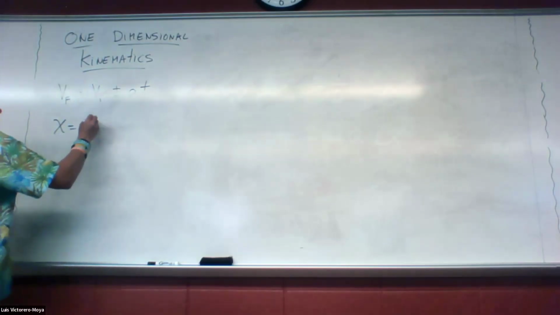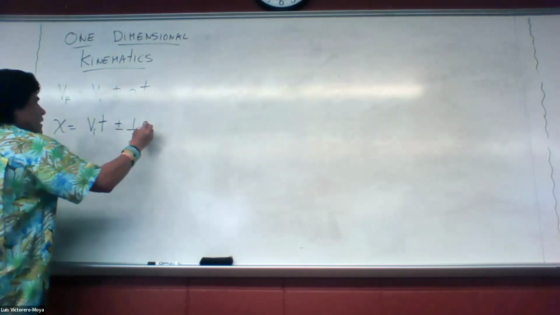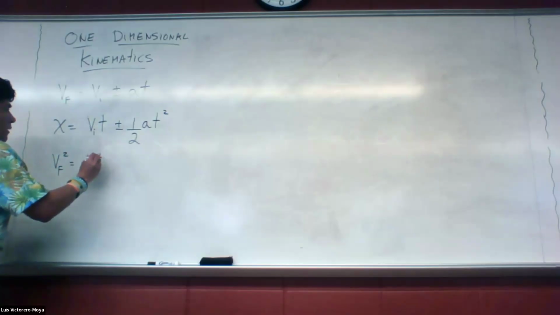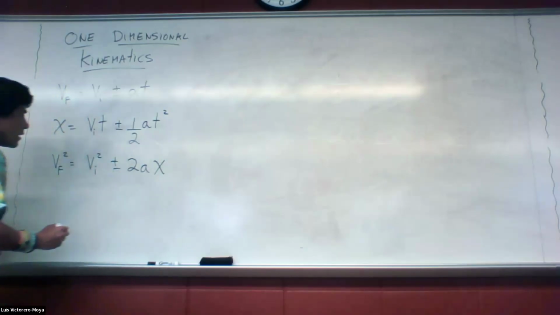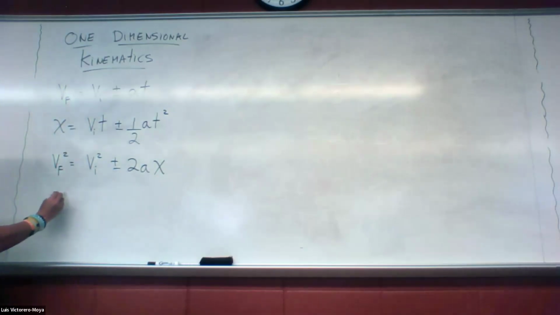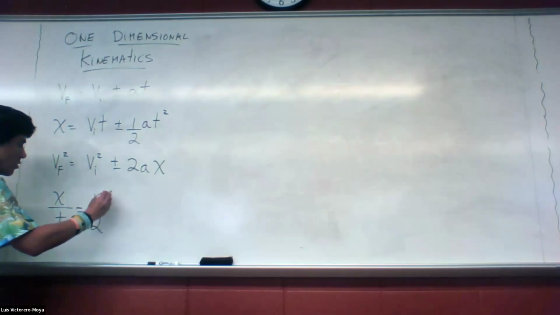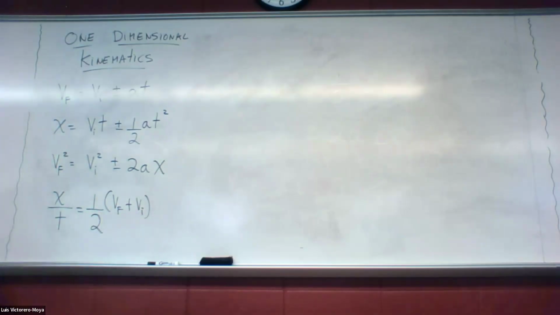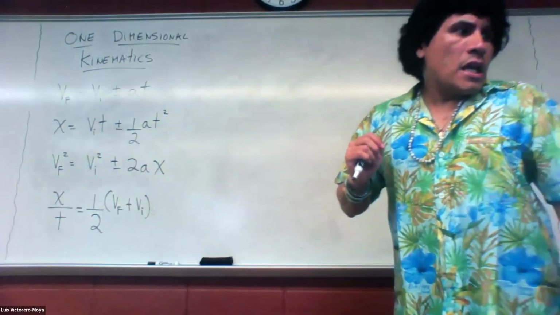X equals v initial times time, plus or minus one half acceleration t squared. V final squared is equal to v initial squared, plus or minus as well, 2ax, and x over t equals the average velocity or speed. That's how you're going to find it in the equation sheet. So I'm going to write it like that.